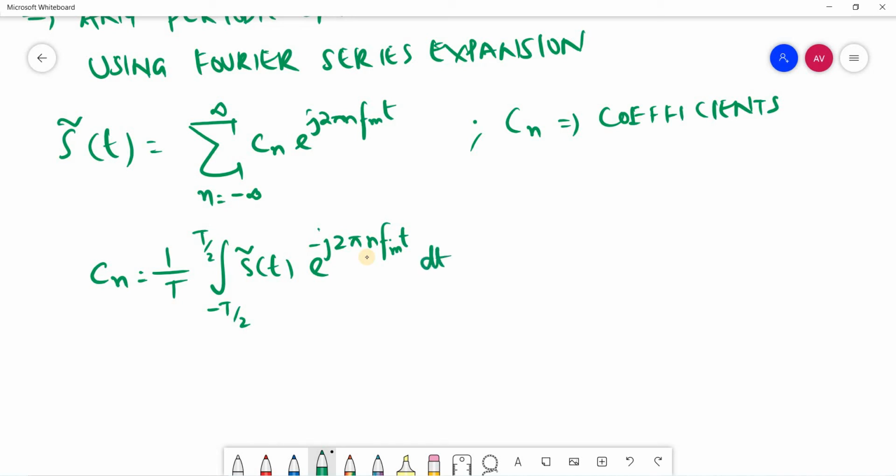This is how you can obtain the Fourier series coefficients, the Cn's, right? Where this T is nothing but 1 by Fm, or 1 by T is equal to Fm.